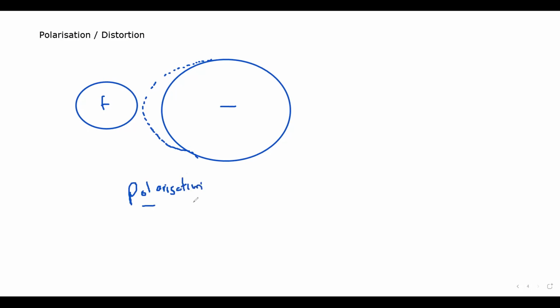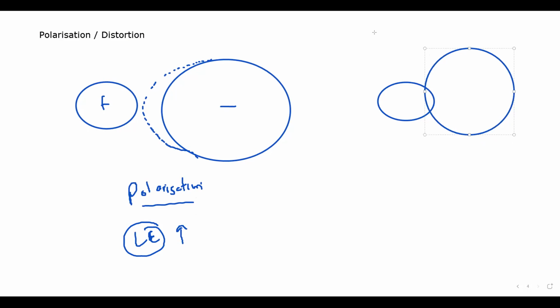And due to this polarization, what happened? As the ions come closer to each other, the lattice energy will increase. That is why theoretical lattice energies and the experimental lattice energies are different.